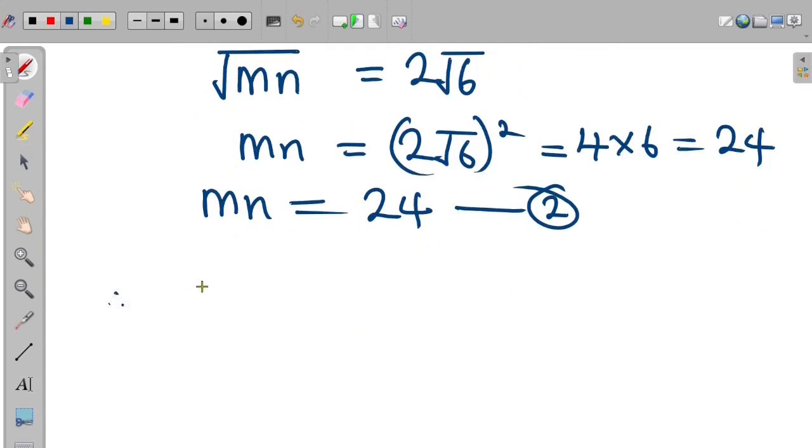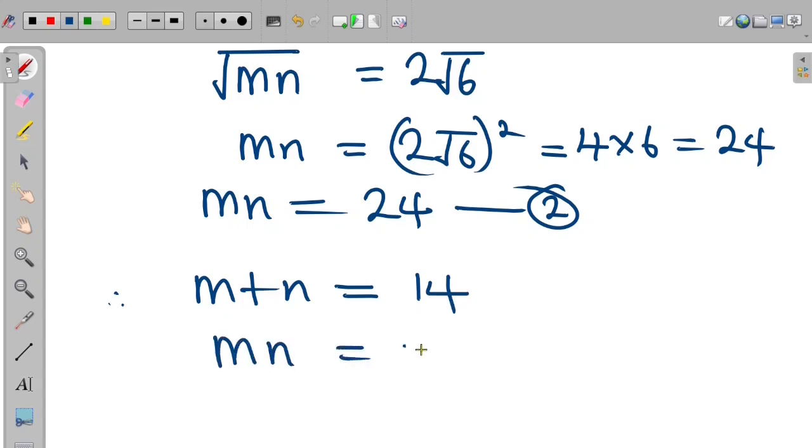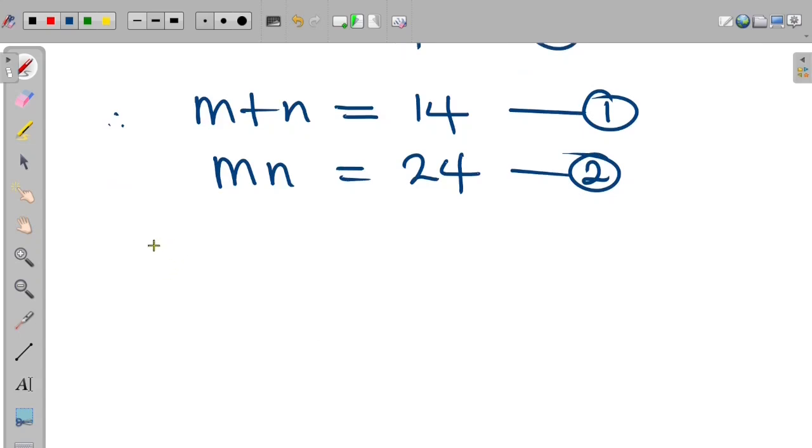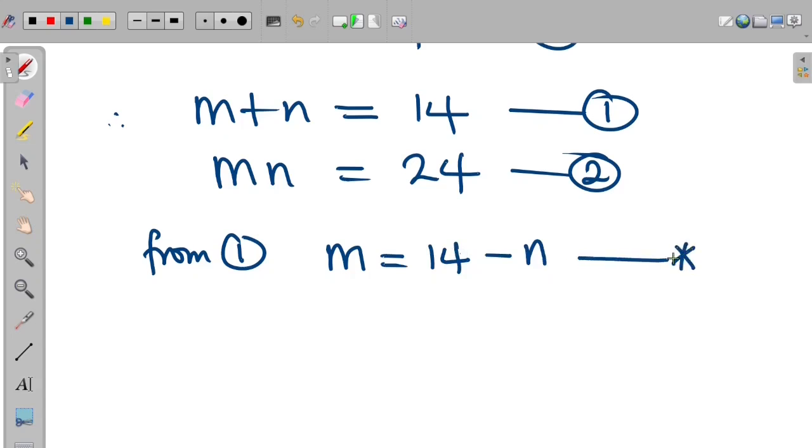So we have that for equation 1, we have m plus n equal to 14. And for equation 2, we have m n equal to 24. For 1, we can make m the subject. So we have that m is equal to 14 minus n. So we will substitute this expression into equation 2.